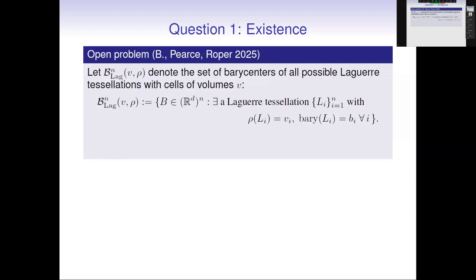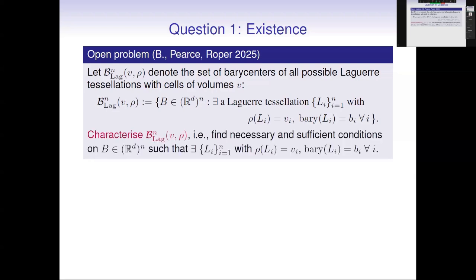What we want to do is understand this set. The existence question is essentially to characterize this set: find necessary and sufficient conditions on B to belong to it, so that there exists a Laguerre tessellation with cells of these volumes and barycentres. We could prove some necessary conditions, but we couldn't find sufficient conditions.